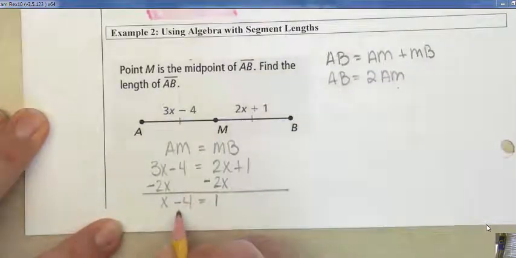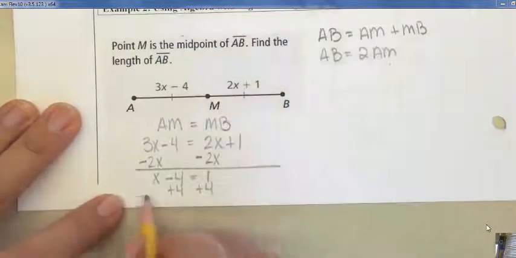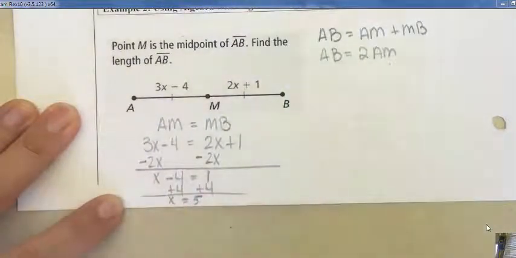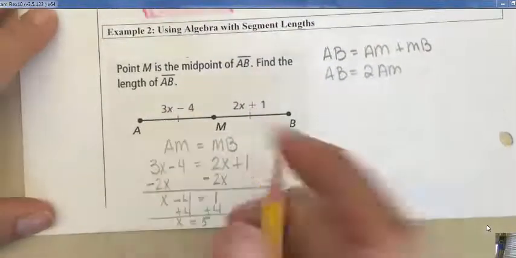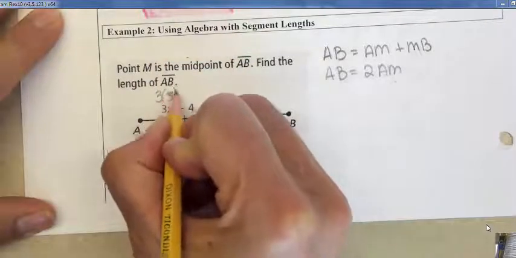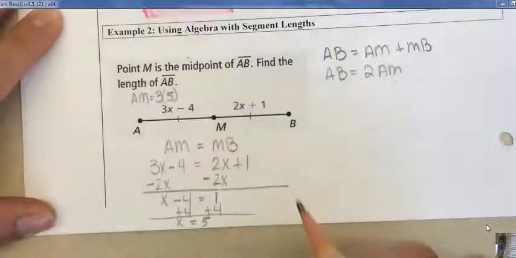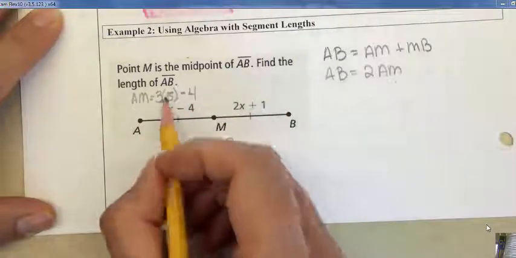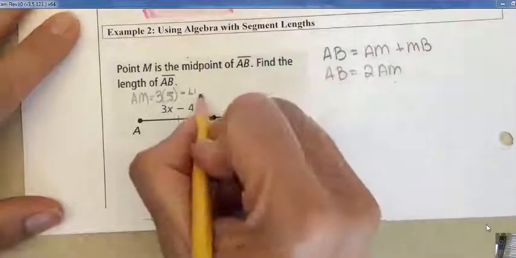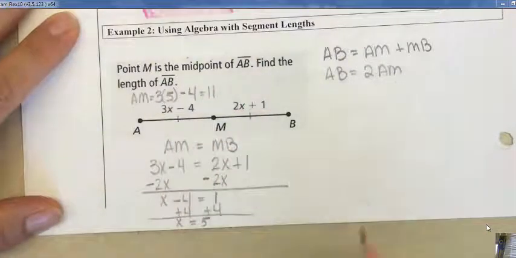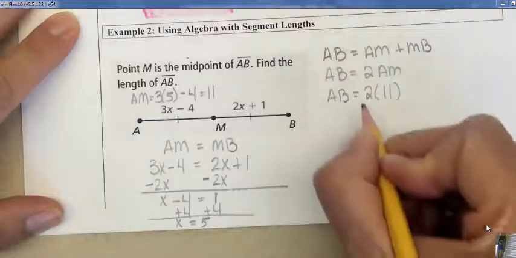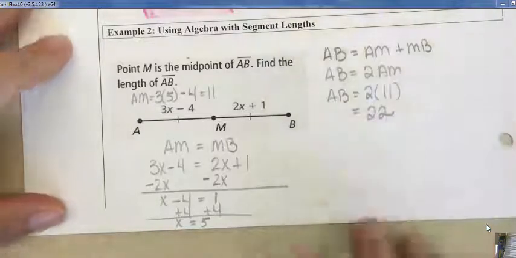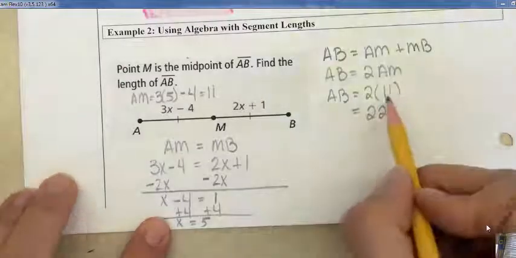And then I can add 4 to both sides, leaving me with x equals 5. So now that I know that x equals 5, I can figure out what AM is. I'm going to write AM equals 3 times 5 minus 4, or 15 minus 4, which is 11. And so I know then that AB is equal to 2 times 11, or 22. I'm going to go ahead and circle that.